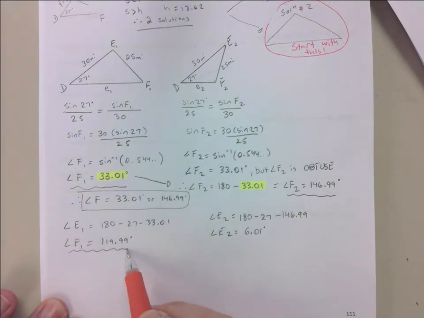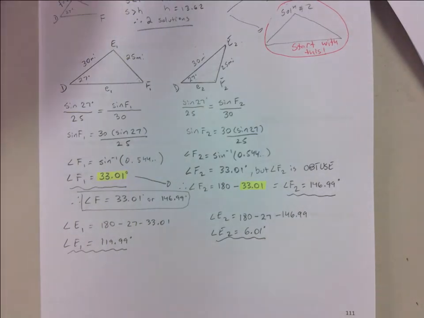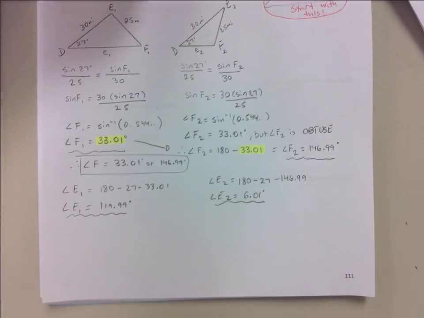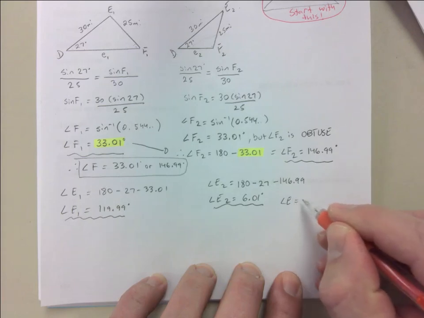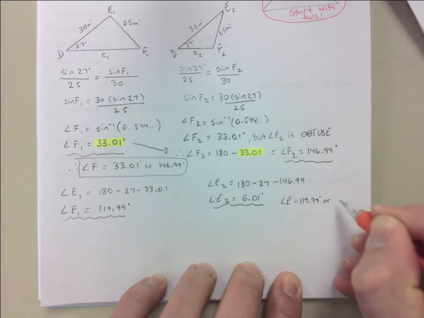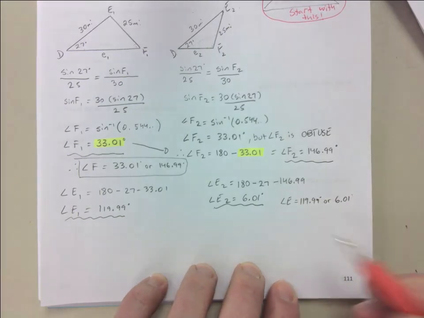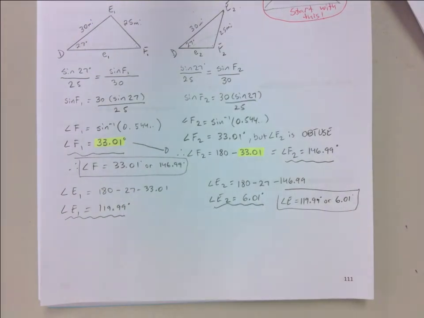So I'm going to underline that. Okay. And I'm going to use this space here. Angle E is 119.99 or 6.01 degrees. So if it asks you for E, you would stop there. You're done.